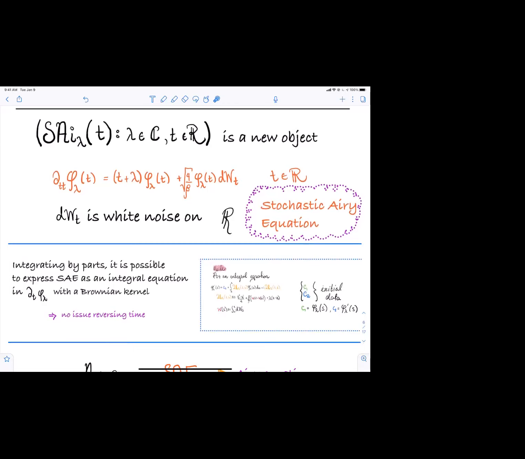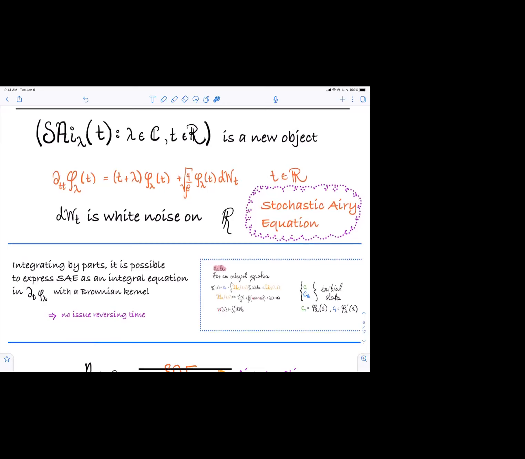Okay. Great question. How smooth is phi as a function of t for the integration by parts? Yeah, also a great question. Phi lambda is C1. You take one classical derivative, you get a continuous function. You can't take the second derivative. So phi lambda prime, or dt phi lambda, has Brownian regularity.